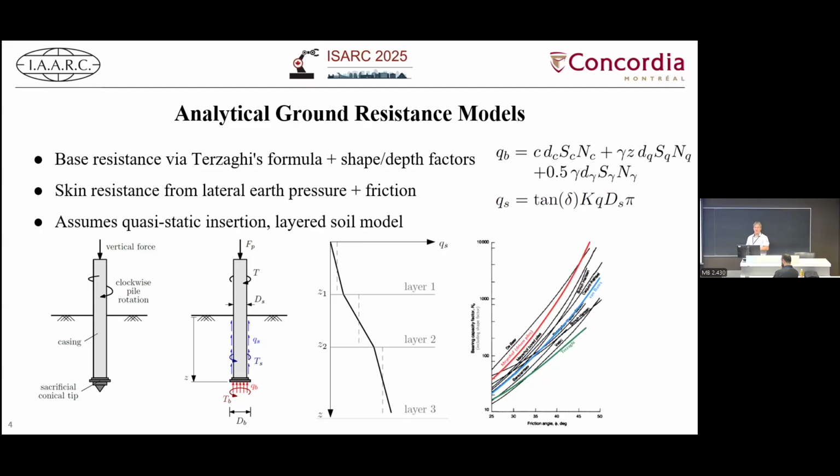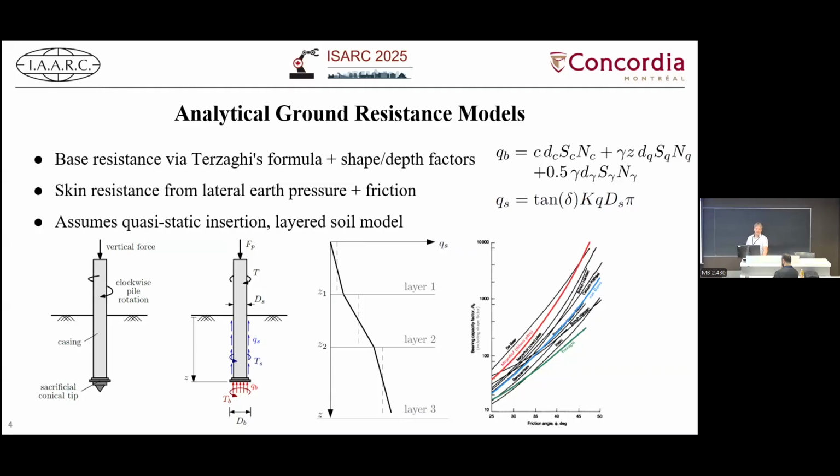Another important element of the resistance of the pile when we are inserting it into the ground is the skin resistance. It's mainly coming from friction with the sides of the inserted pile, and this is proportional to the lateral pressure, which can also be calculated based on different theories.